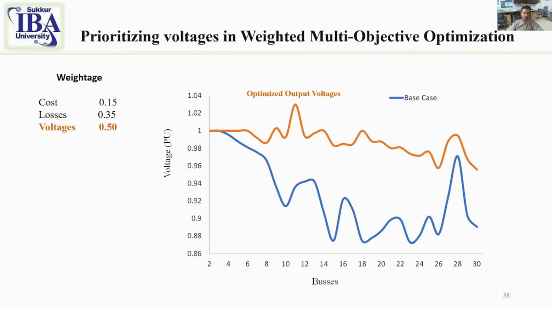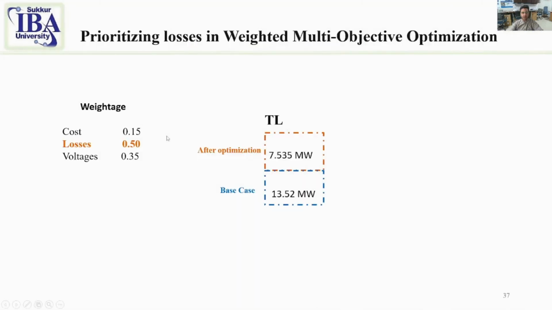Then we moved further to the weightage. We first gave equal weightage to each of them. Then we prioritized the cost, then we prioritized the losses, and then we prioritized the voltages. Means we gave the weightage for every quantity.